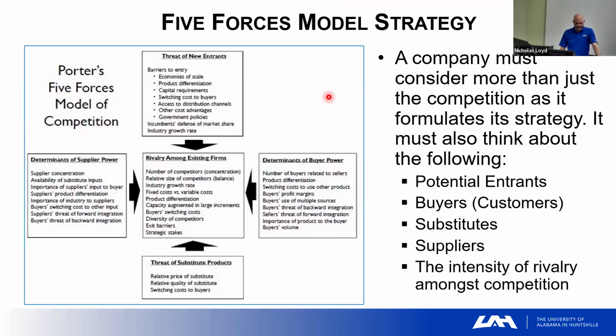So I need to look at my competition, but I also need to look at not just direct competition, but are there threats of substitute products or services? In other words, I offer this, but are there threats that not somebody that's doing what I do, but offer something different that could accomplish the same thing?